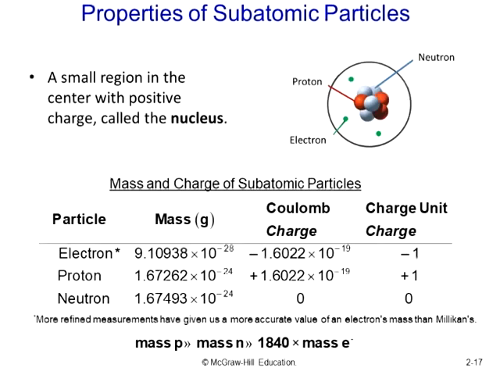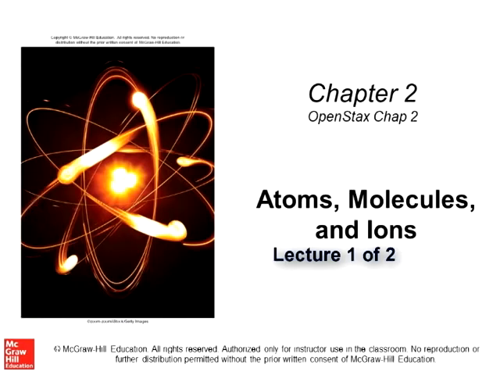Electrons are surrounding the nucleus to give you the negative. The positive and the negative gives you neutral. The mass is due to the neutrons and protons. So that ends it for Lecture 1 of Chapter 2, Atoms and Molecules.